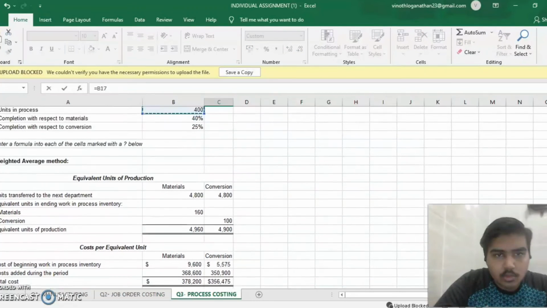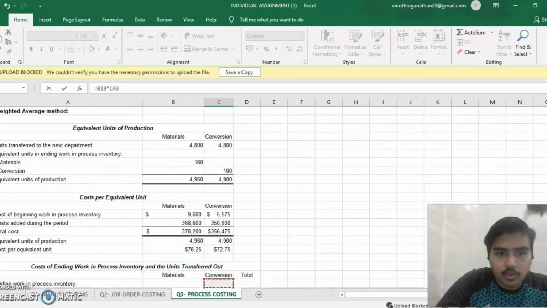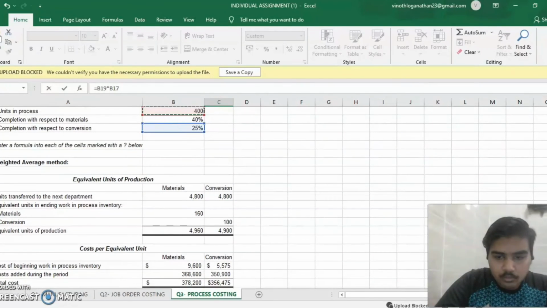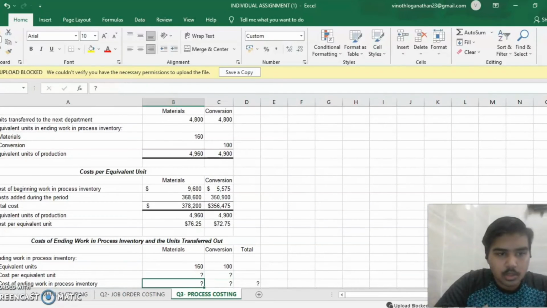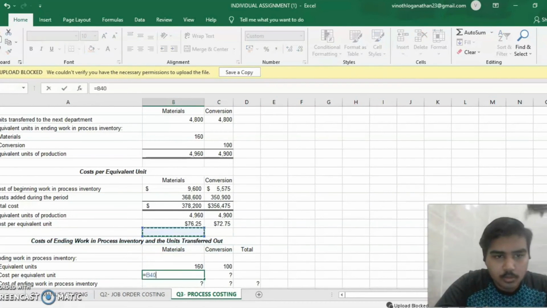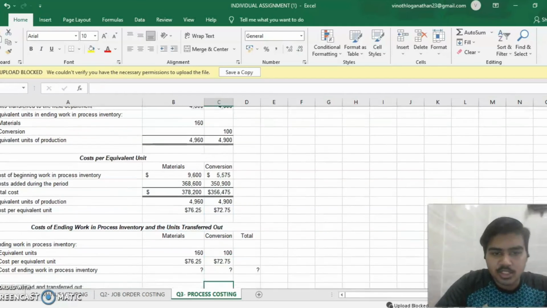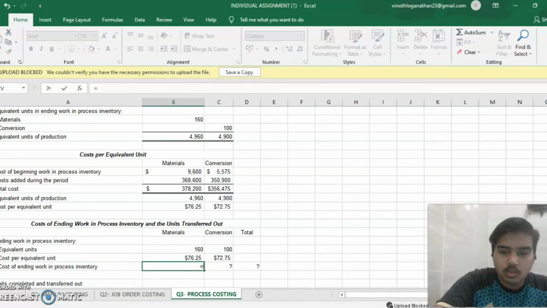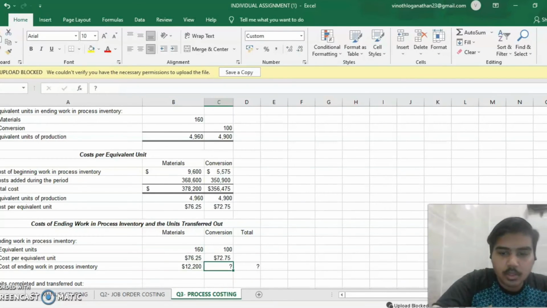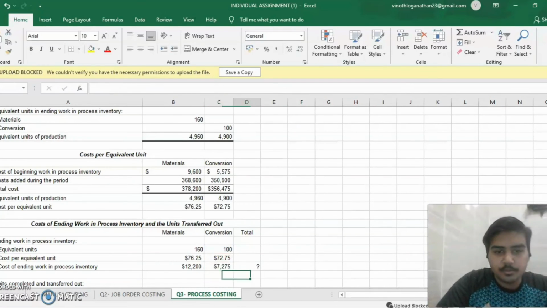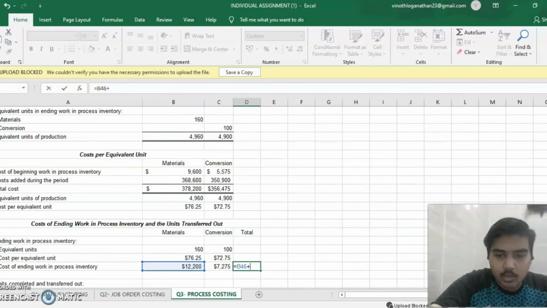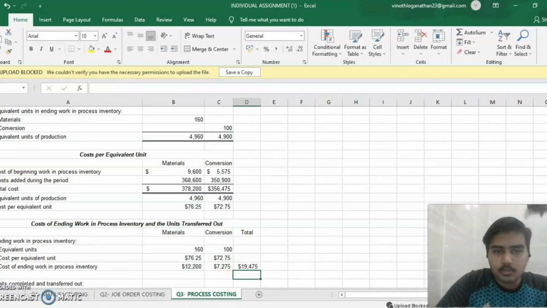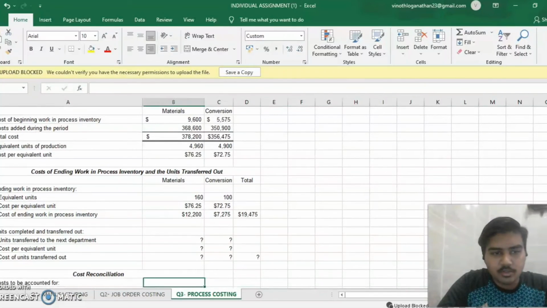Go for this times 400 as well. Okay, so the cost per equivalent unit is right above here, $72.75, and then this will equal 160 times 76.25, and this will be 100 times 72.75. This equals this added with this, so you get 19,475.